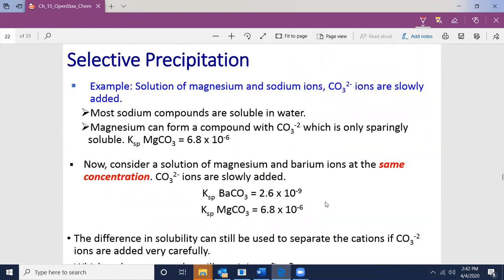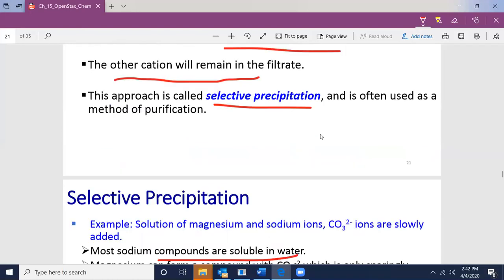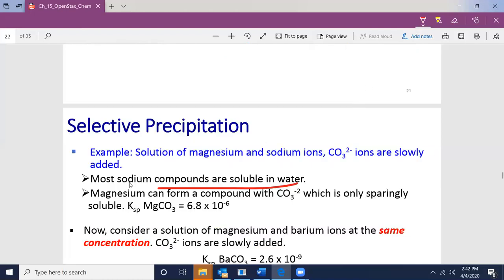So what is selective precipitation? Example: a solution of magnesium and sodium ions. I've already given you an example, but you can discuss it here as well with the carbonate. Okay, carbonate ions are slowly added. Most sodium compounds are soluble in water. That's why I gave you this example. Magnesium can form a compound with carbonate, which is only sparingly soluble.